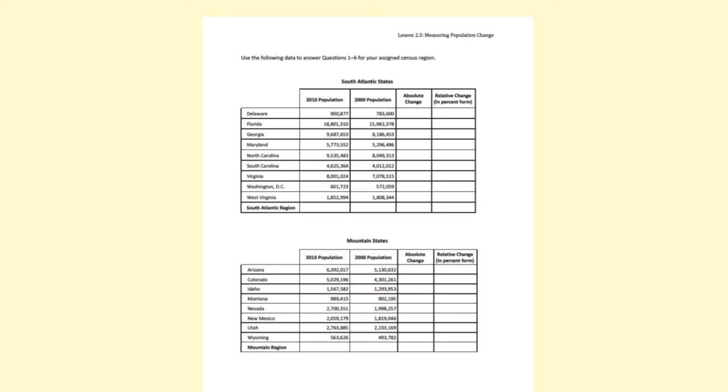So choose one of the 2 groups, either the South Atlantic states up here or the mountain states down here, and calculate the absolute and relative change for each of those states. And once you've done that, that answers numbers 1 and 2 on page 179. And then go through and answer questions 3, 4, and 5.